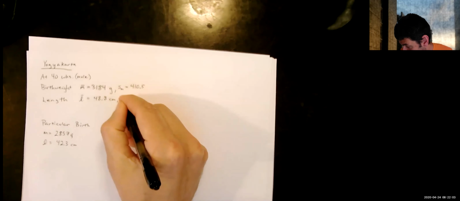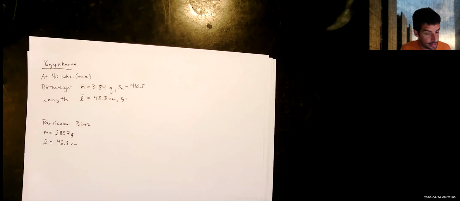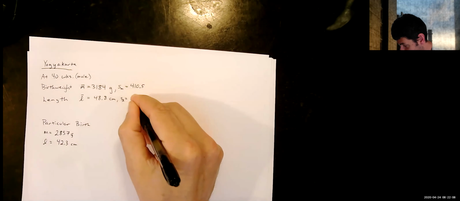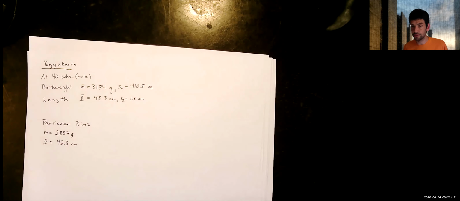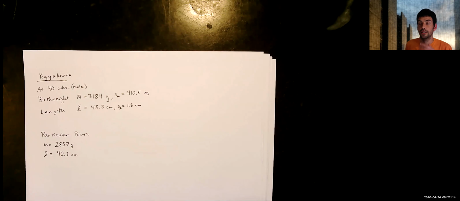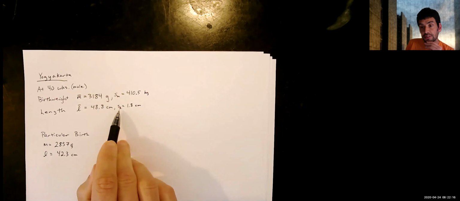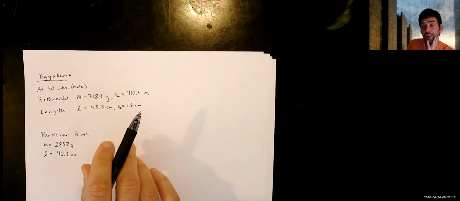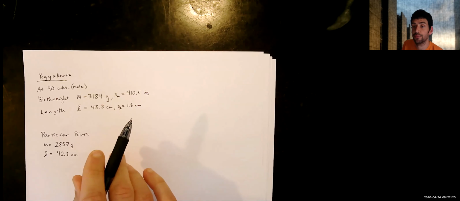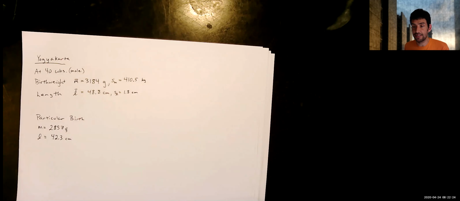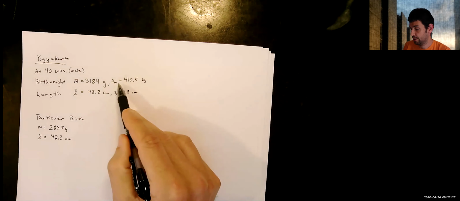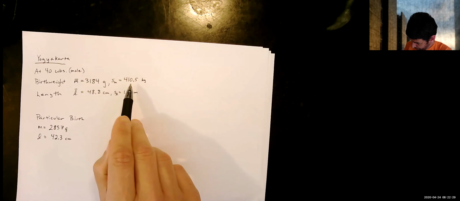And the standard deviation for the length is 1.8 centimeters. Again, this comes from some sample data from a study done there that I can link for you when I post all this. So now let's make this comparison using these standard deviations.